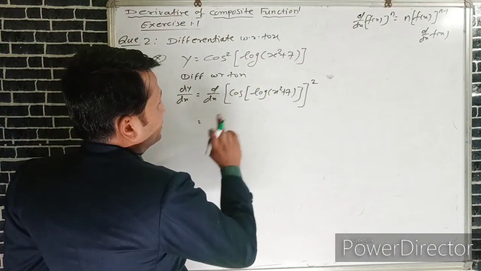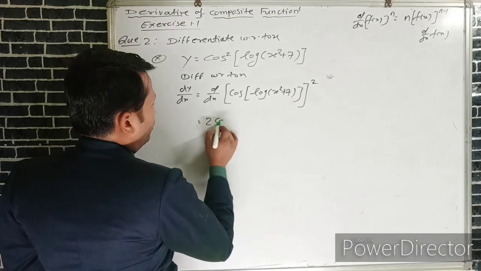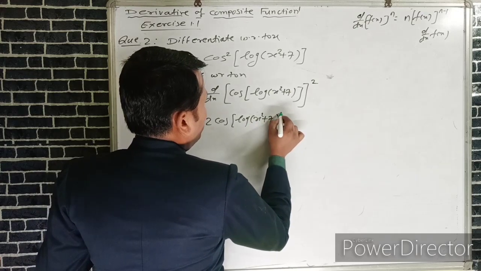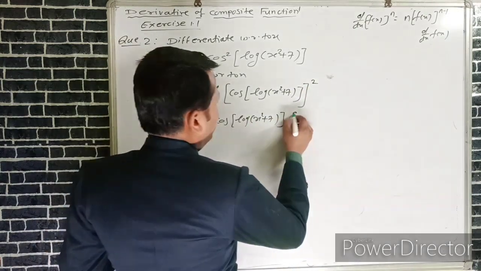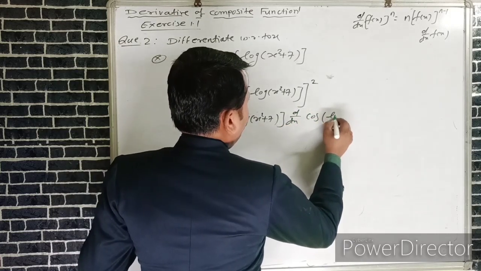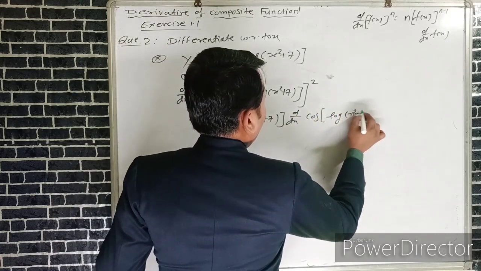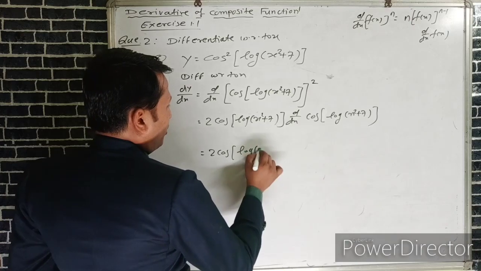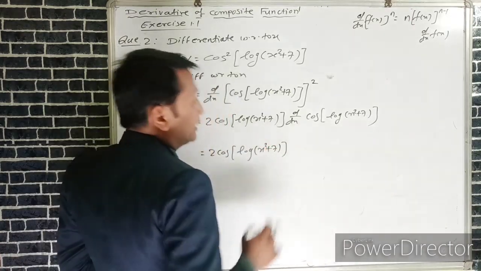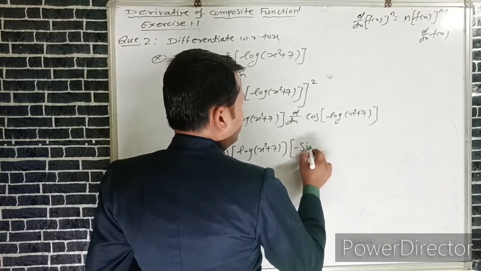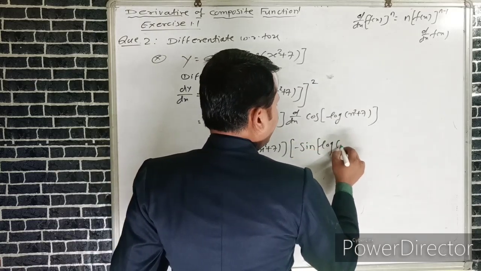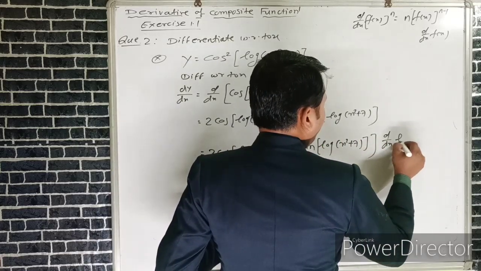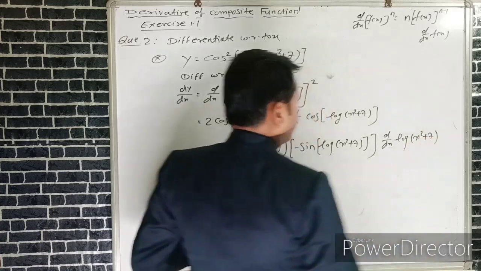derivative of cos x whole raised to the power n is 2 cos of log of x square plus 7, 2 minus 1 is 1, into again derivative of cos of log of x square plus 7. After that, 2 cos of log of x square plus 7 as it is. The derivative of cos is again minus sin of log of x square plus 7 into again a derivative of log of x square plus 7.